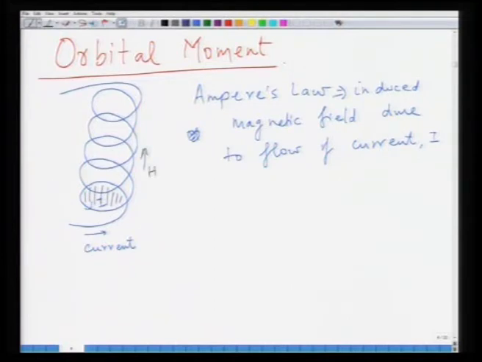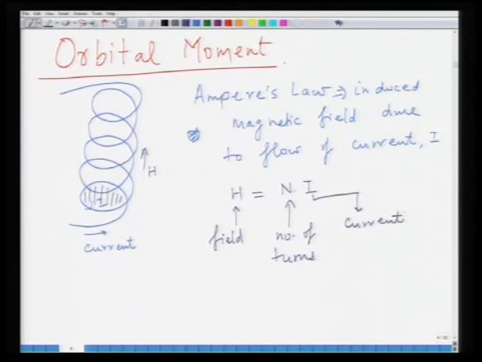So, you have this field H, and this field H is related to the current by N multiplied by I. H is the field, N is the number of turns, and I is the current.